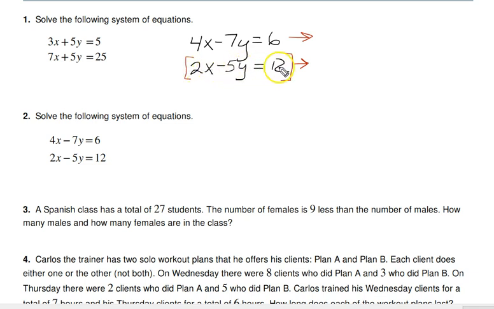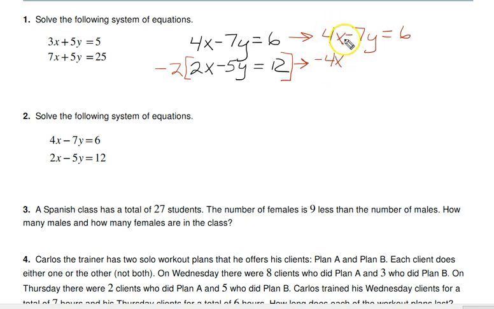In this second equation, I'm going to multiply every term by a -2. Now I just copy this one straight ahead here. 4x minus 7y equals 6. Now I'm going to multiply this. -2 times 2x is a -4x.